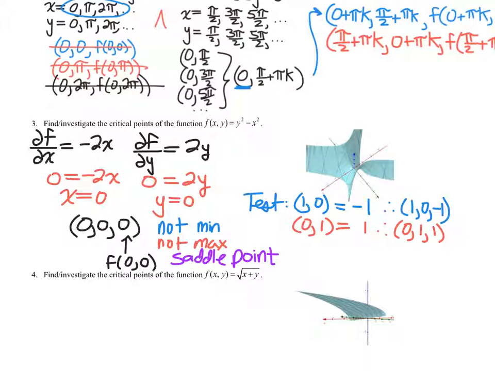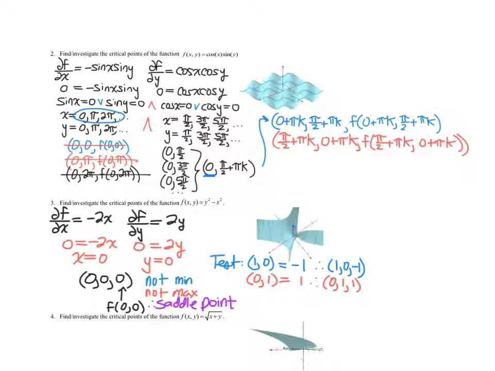But for this kind of situation, just by simple direct observation, you're able to determine that it is a saddle point because it's neither a max nor a min without having to go through all that stuff. So it's an option. Whereas in number 2, after all that mess, you might have wanted to use the second derivative test because we had a lot of craziness going on with that one.